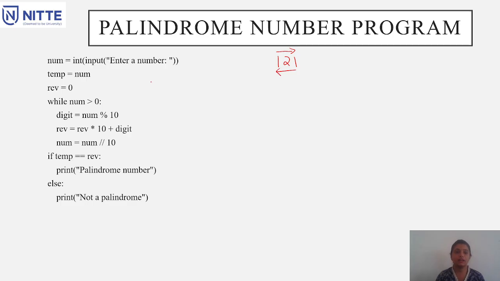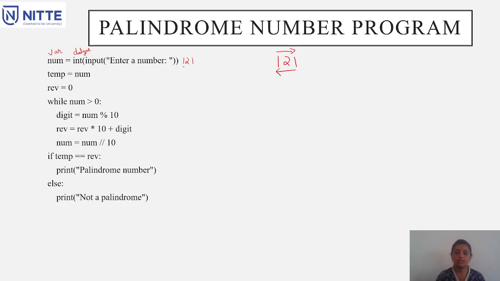Now, as you can see in the code, num is a variable, int is the data type, and input is the statement where it is asking the user to give a number. Here, when I give 121, the number is going to get stored inside this variable num.